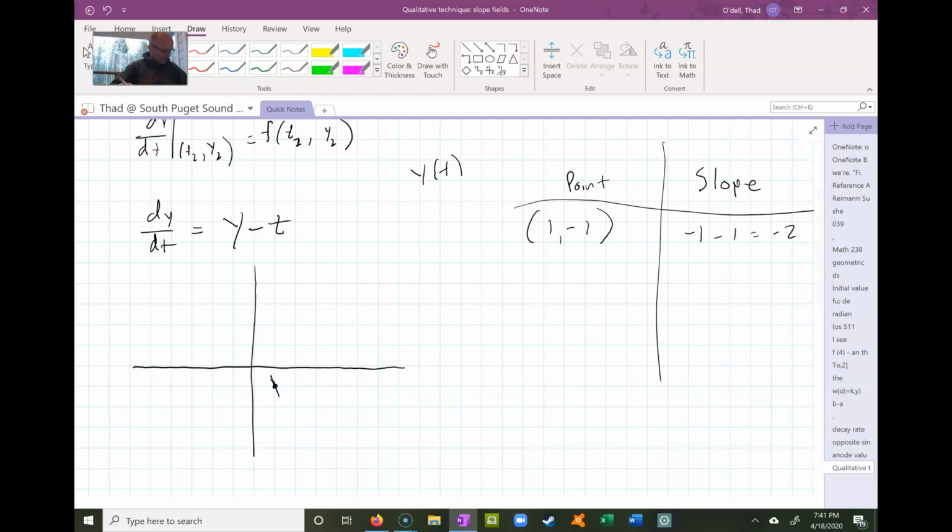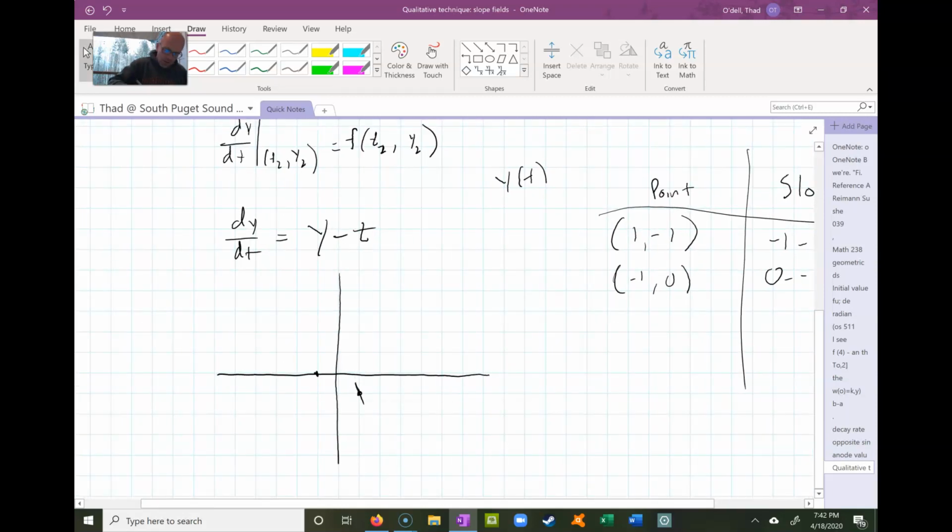Okay, so then I'm going to grab another point. So -1, 0, and I plug -1 in for t and 0 in for y. So that would be 0 minus a -1, which would be just 1. So again, I go to -1, 0, put a little dot, and it has a slope of 1. So I'm going to draw a line that's approximately over 1, up 1.